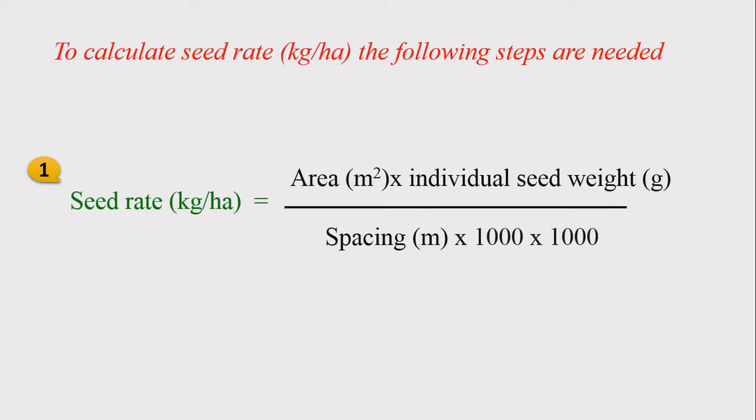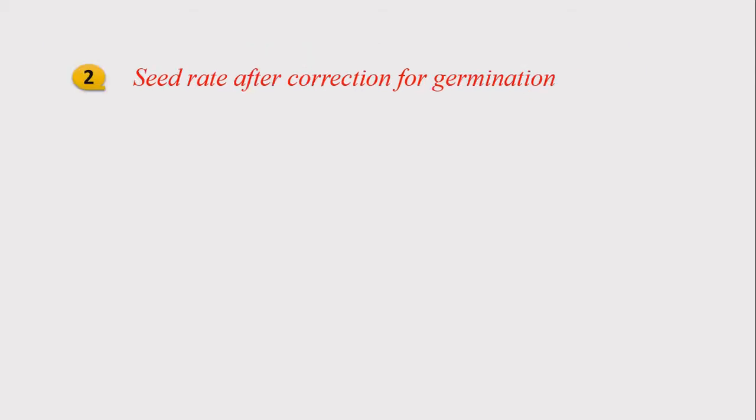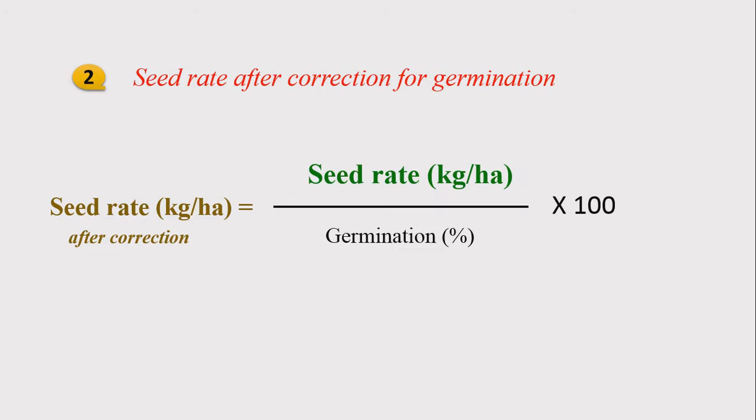If the problem gives only area, individual seed weight and spacing, we can go for this first step only. If they also give the germination percentage, then we need to go for the second step. Seed rate after correction for germination is the seed rate in kg per hectare, calculated in the first step, divided by germination into 100. Here the germination should be used as the percentage value itself.